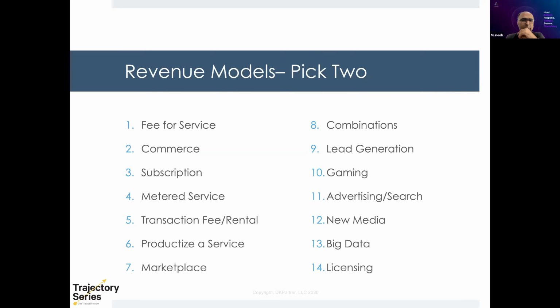Dave, a question. What would be the difference between commerce and marketplace, comparing the two? Yeah. So the difference is you have to recruit buyers and you have to recruit sellers in a marketplace, whereas if you're just doing commerce, you're just recruiting a customer. So I'm going to have a cost of customer acquisition, and we'll get into these after lunch. I have what's called my CAC, my customer acquisition cost to acquire a customer.